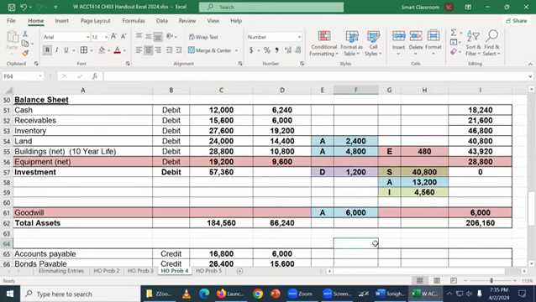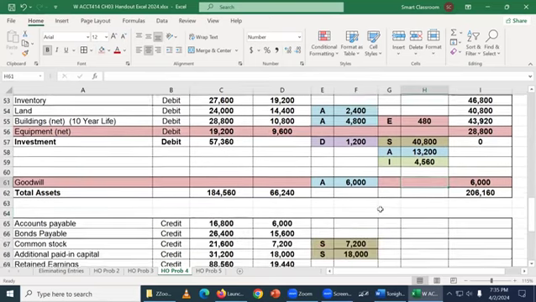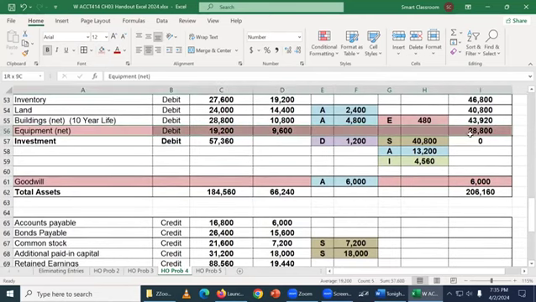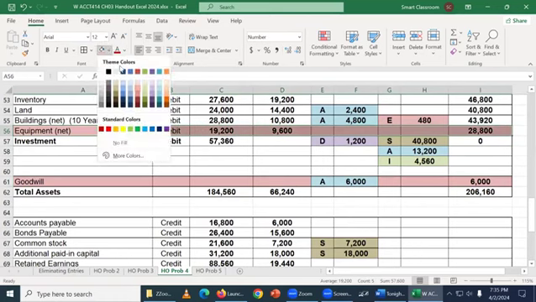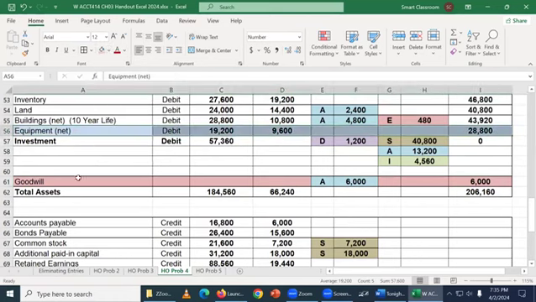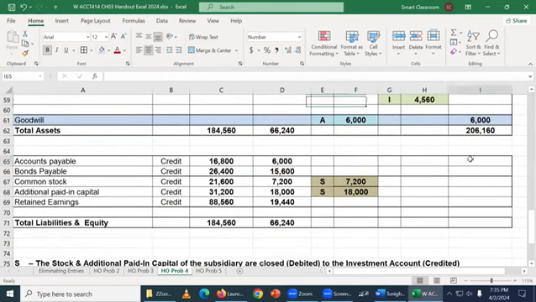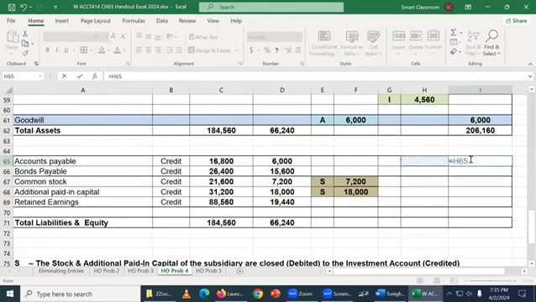I shouldn't have made those the same color as the expenses. And down here, add the liabilities together, so we owe 16,800 plus the 6,000.